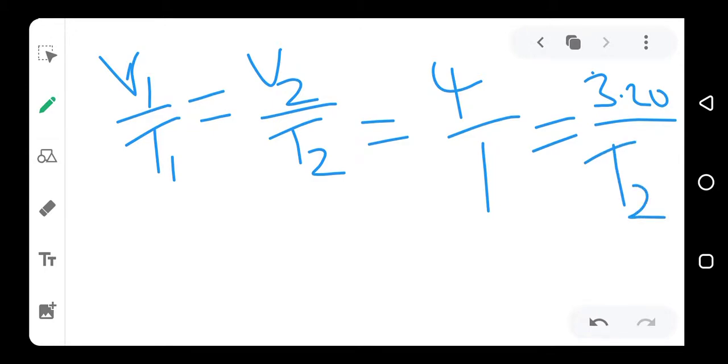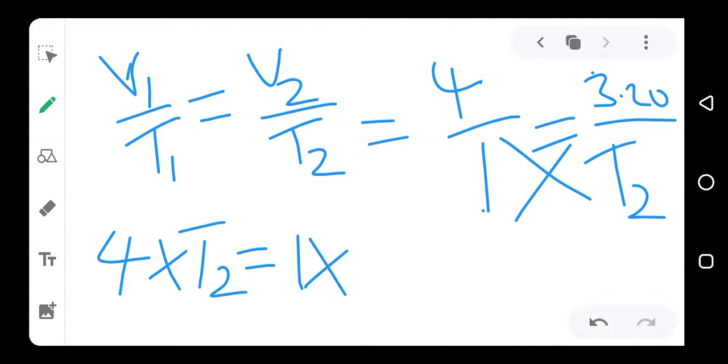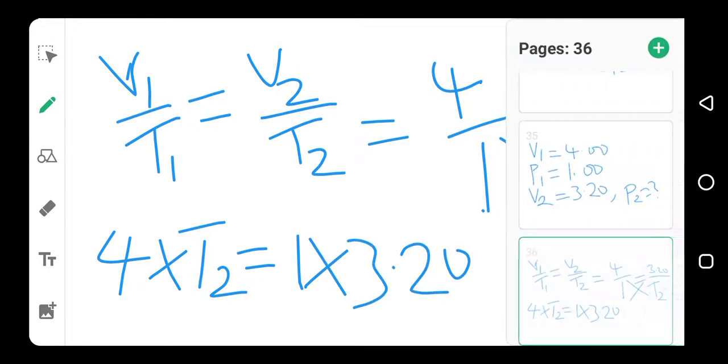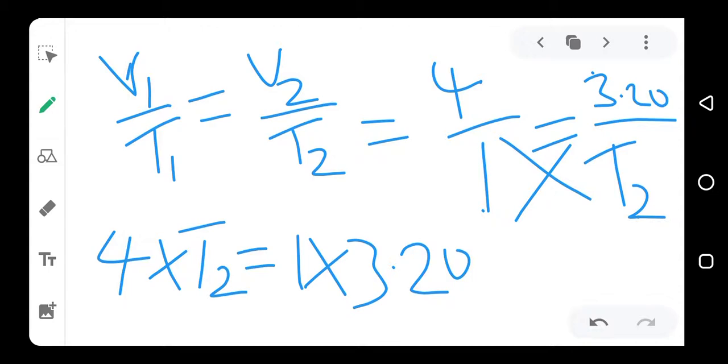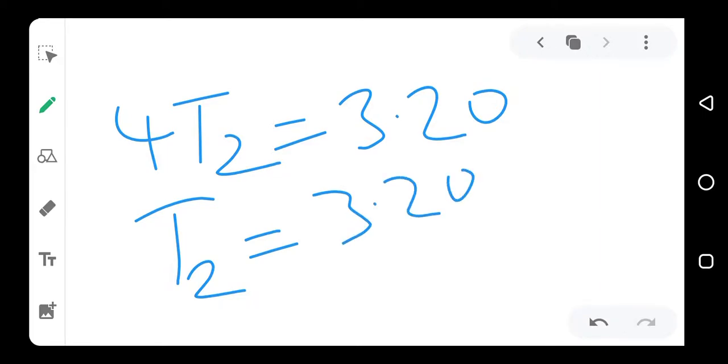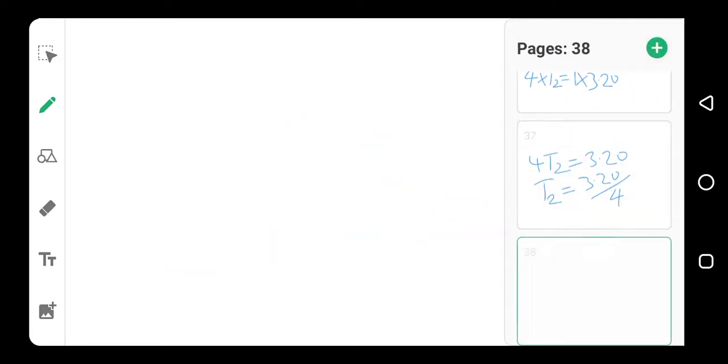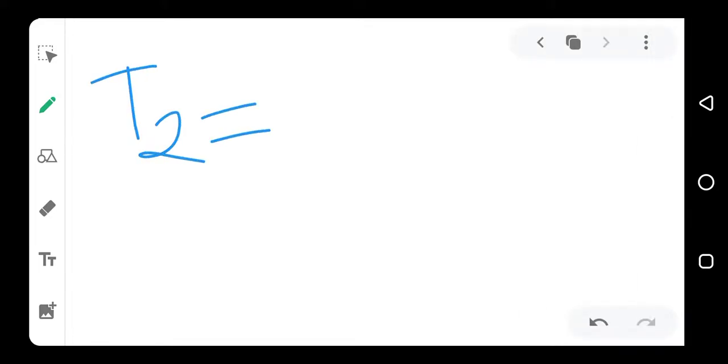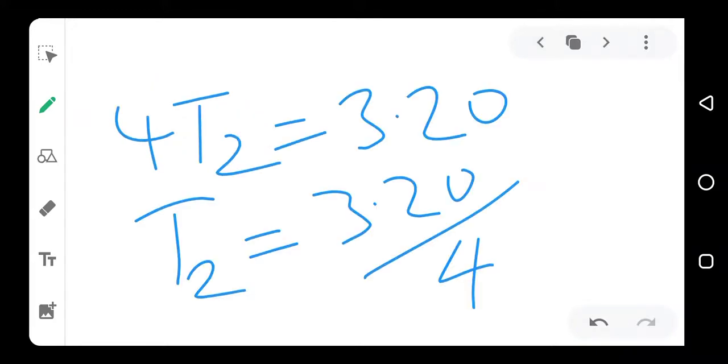Cross multiplying, 4 times T2 is equal to 1 times 3.20, so T2 is equal to 3.20 over 4. Sorry, it's not T2, it's P2.